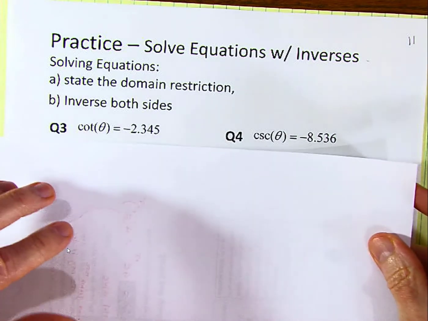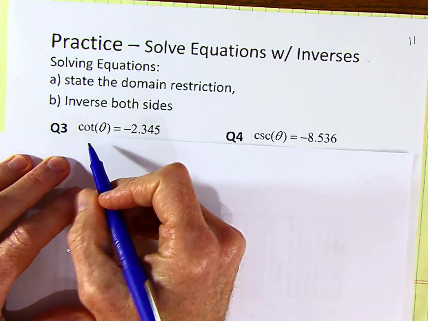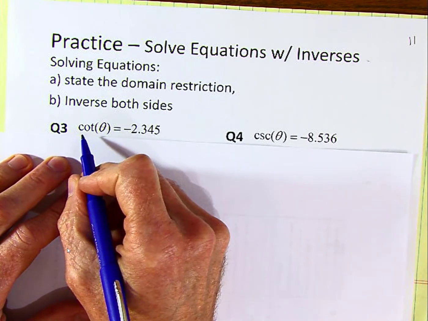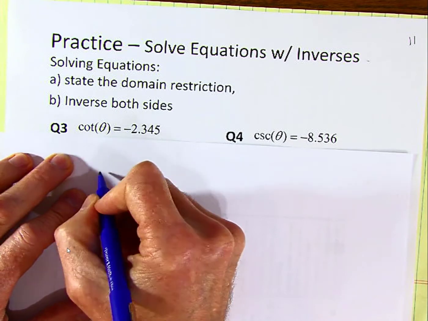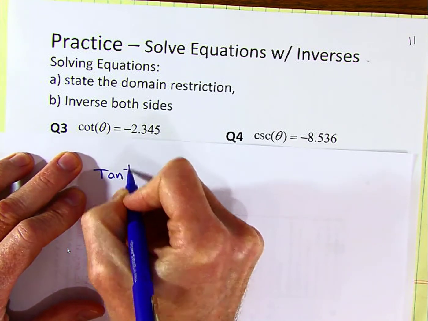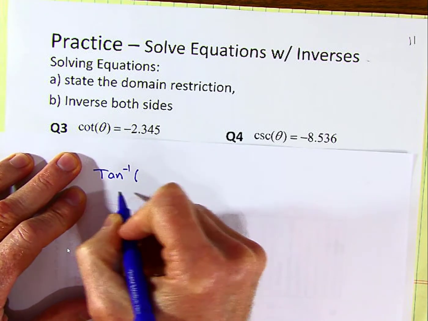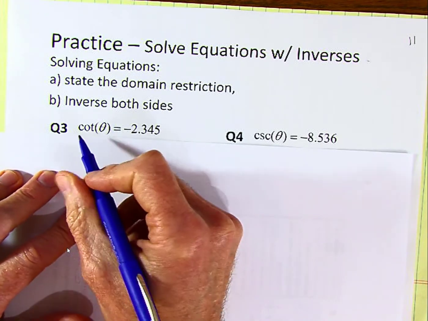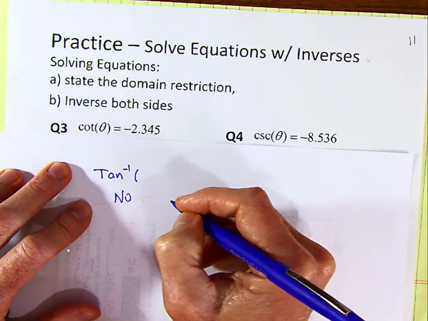Don't fall for it. If I'm going to do cotangent inverse, well, wait. Is that just tangent to the -1? Can I use the tan inverse to solve cotangent equations? And the answer to this is no.